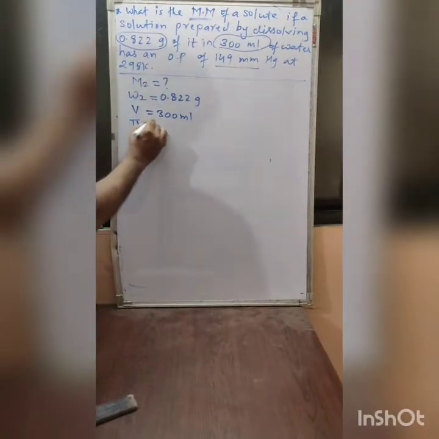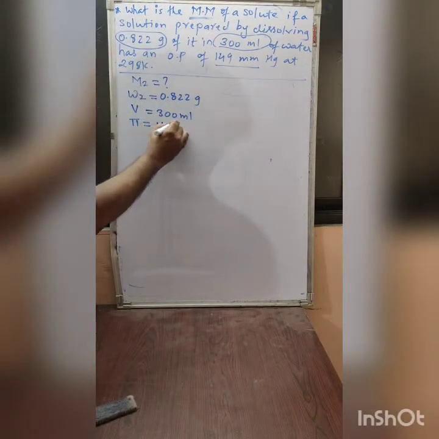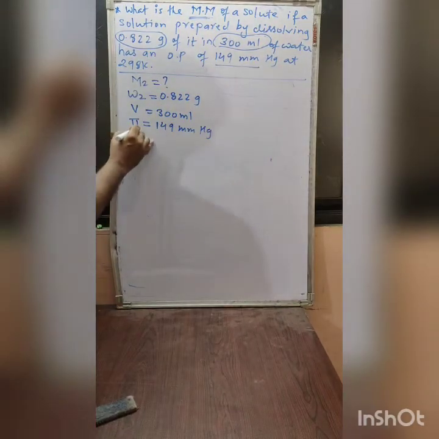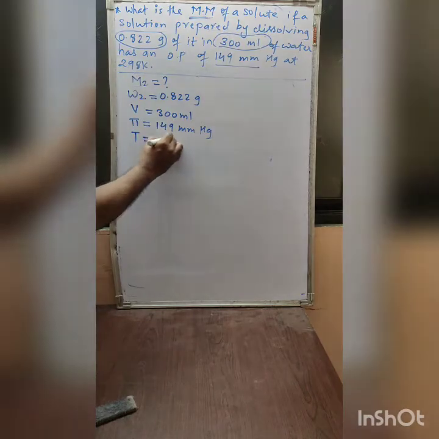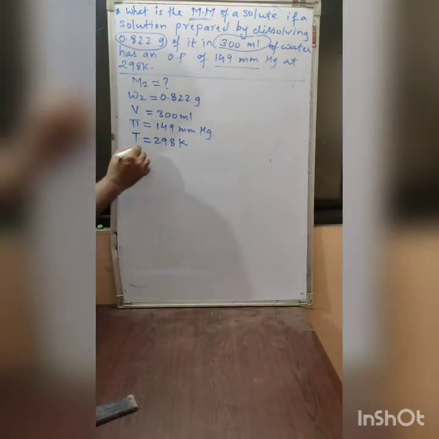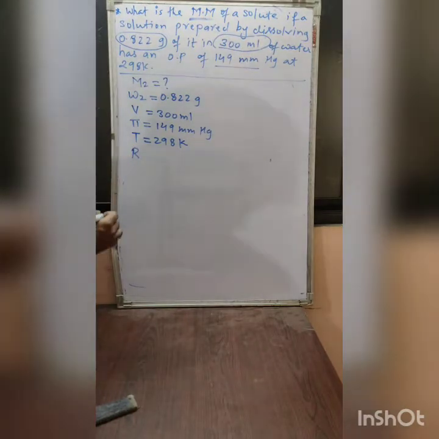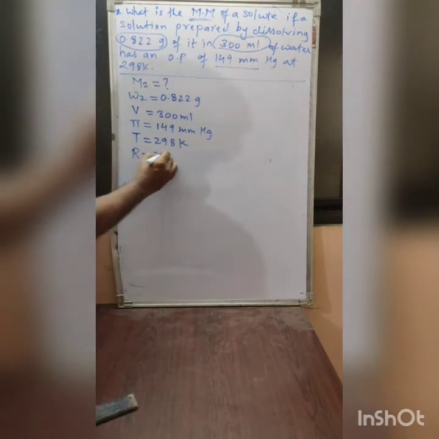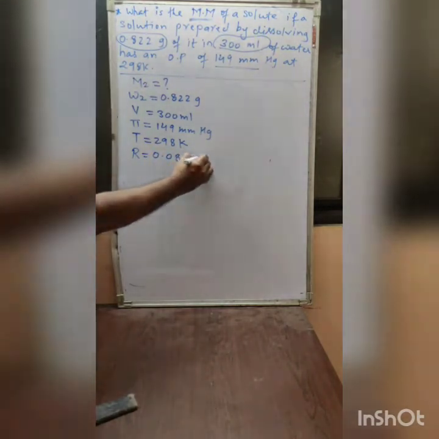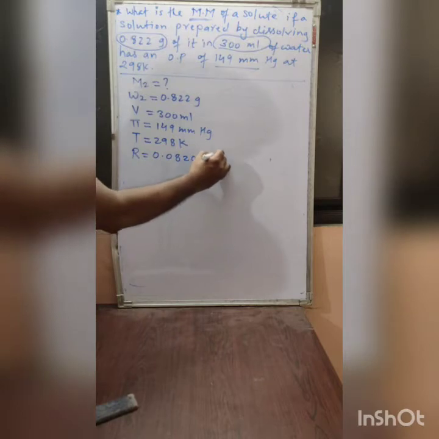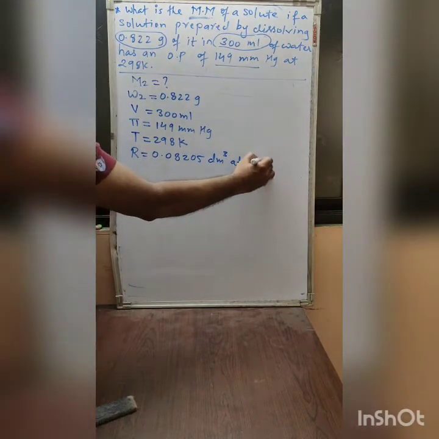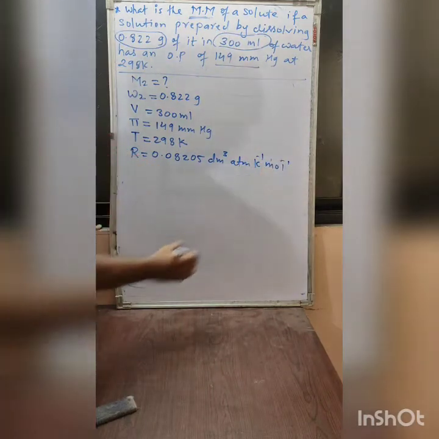It has an osmotic pressure of 149 mmHg at a temperature of 298 Kelvin, and the R value we are going to use is 0.08205 dm cube atmosphere per Kelvin per mole.